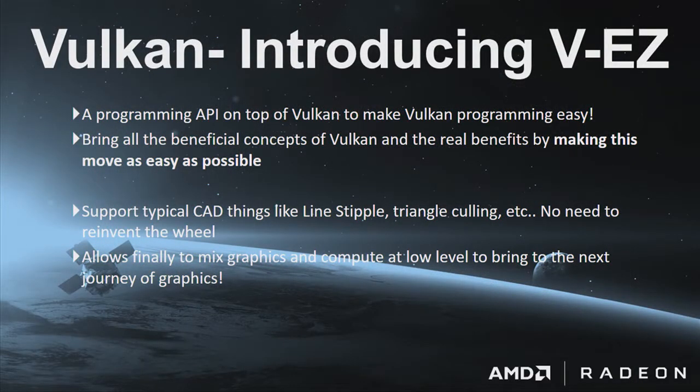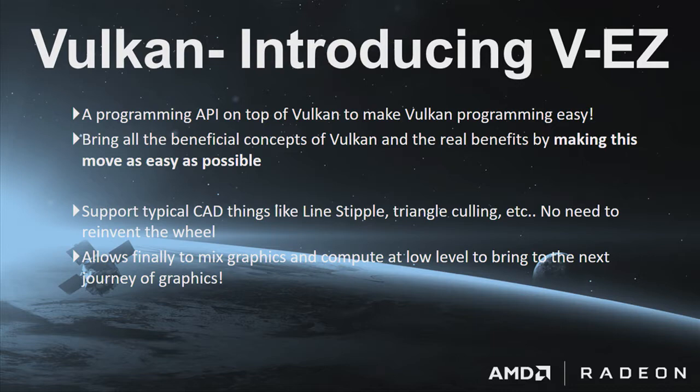And so now the question is, how do we solve that? And this is what I'm going to mention to you guys. We are today, in fact, introducing Vulkan Easy. So Vulkan is basically the latest graphics API released by Khronos. It's a low-level API.